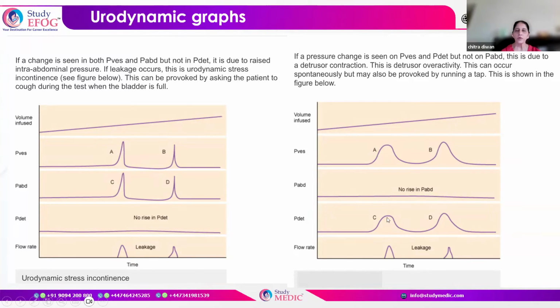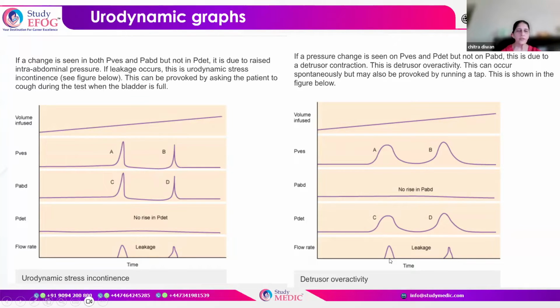So whenever there are contractions seen in the detrusor pressure, these could be either spontaneous or they could be provoked by running a tap. So whenever you get contractions in the detrusor in the filling phase, it is very typical of detrusor overactivity. Now, whenever you see a leak at the height of this detrusor contraction, this is urge incontinence.